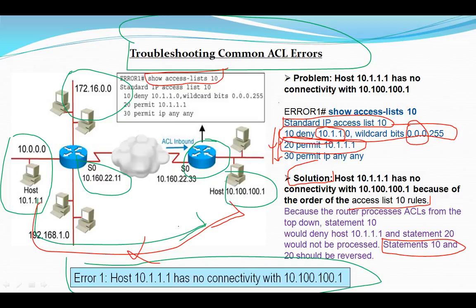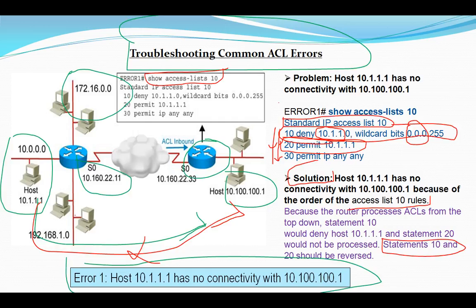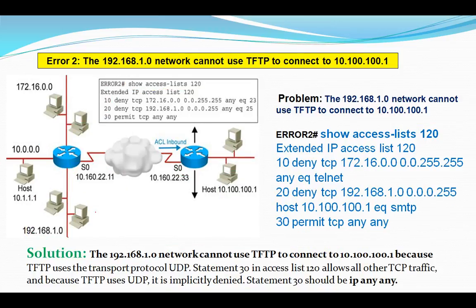This is how we should be able to troubleshoot the problems, and we should be very careful at the time of configuration of ACLs, with the ordering of the ACLs. Now we will see one more scenario, one more error. I'm following the same sort of setup for the next error also.